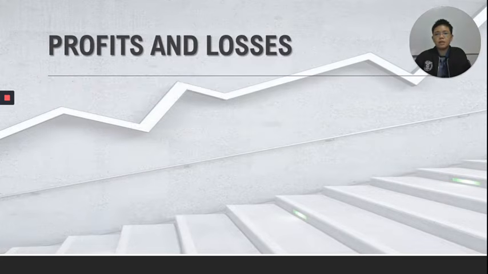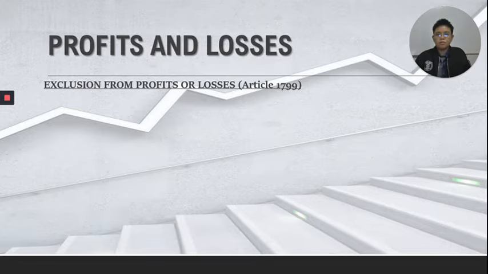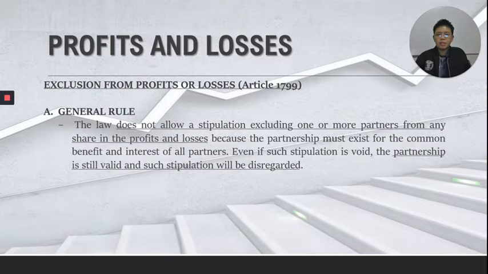What else? In addition to that, profits and losses, you can exclude a partner from profits and losses, sabi sa 1799. But remember, class, this is only an exception. The general rule being, there can be no exclusion of one or more partners from share in the profits and losses. Bakit? Common benefit and interest of all partners ang isang partnership.